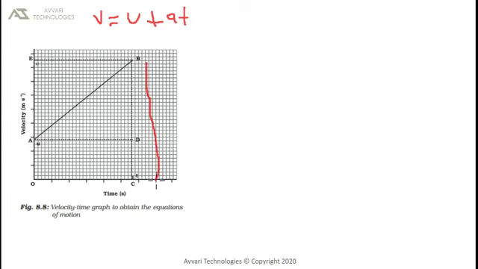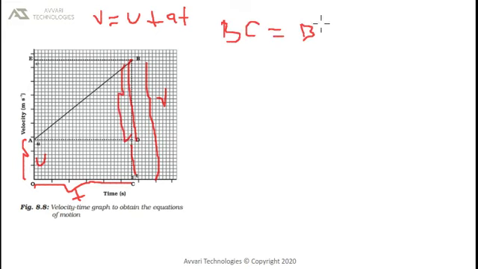This is the length of final velocity. OA is the length of initial velocity. This is the time interval T. We can notice that the length of BC could be written as BD plus DC.